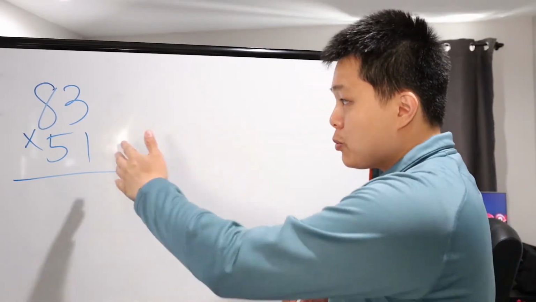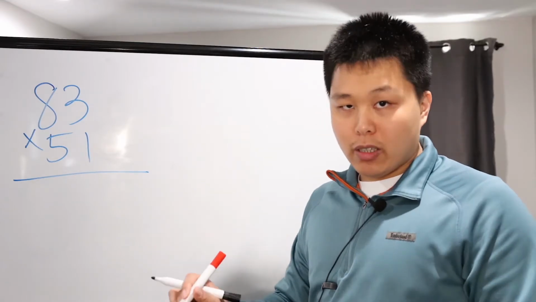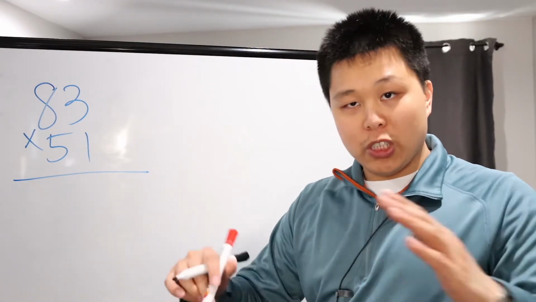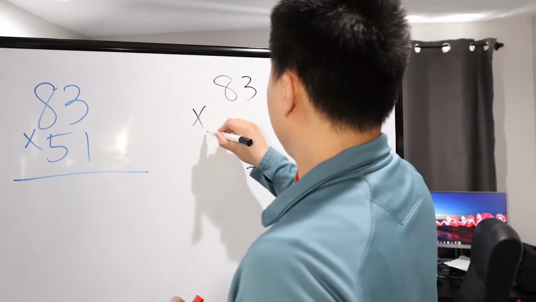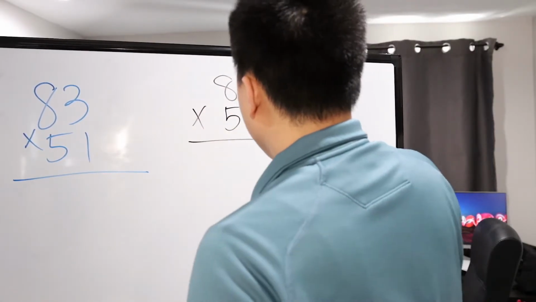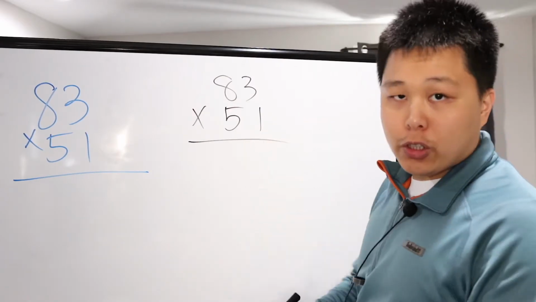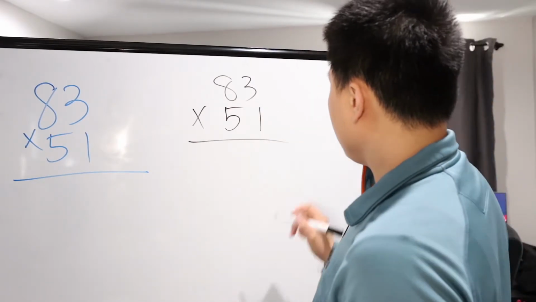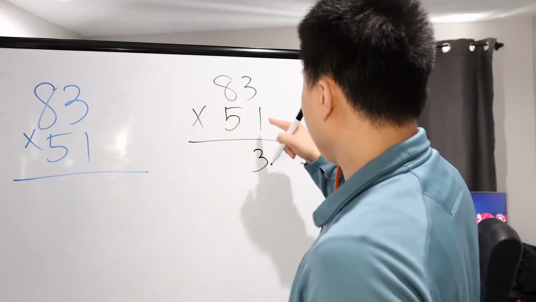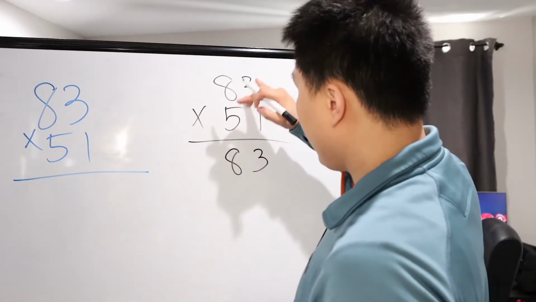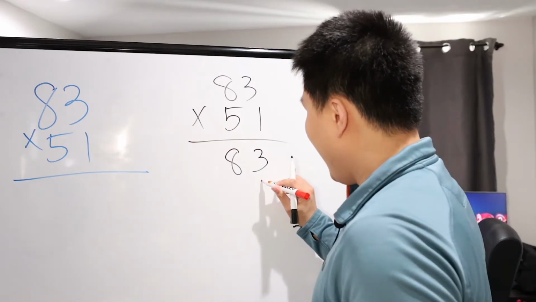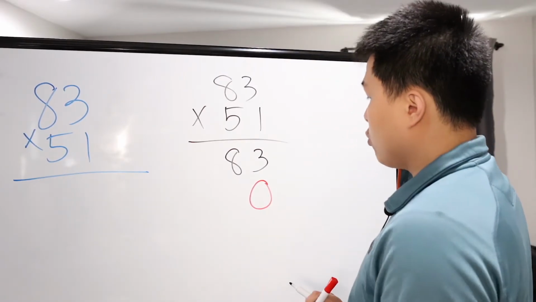Now we're going to go through this problem again, except we're going to use the second method, the one that you normally see in school, more procedural. So let's rewrite this problem again: 83 times 51. For the ones place, you're just going to multiply it all out. So 3 times 1 is just a 3, and 8 times 1 is just 8. Now before we begin to multiply everything by the 5, you have to make sure you add the 0 here under the 3.